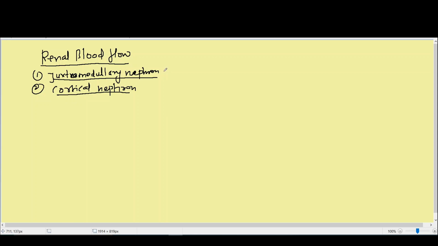The juxtamedullary nephrons make up about 20%, and the remaining 80% are cortical nephrons. The important difference between them is that the juxtamedullary nephron has a long loop of Henle situated deep in the medulla, and the cortical nephron has a short loop of Henle.